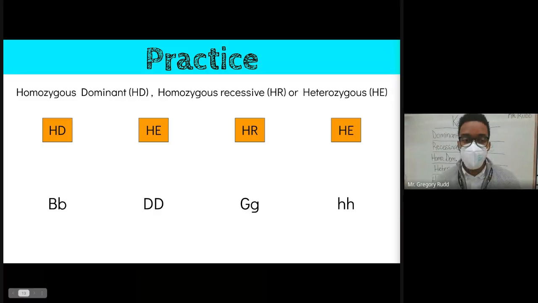And then Dejan, yep, thank you, HE, for the Bb. It's a lot of letters being thrown around. Okay, DD. HD. That's HD, homozygous dominant. They are the same, and they're also both capitals, so they are homozygous dominant. What's next?